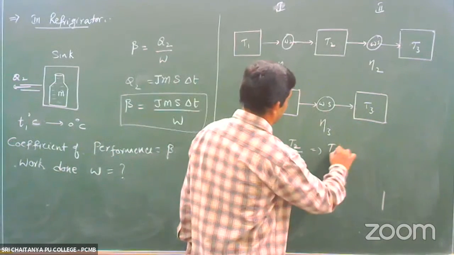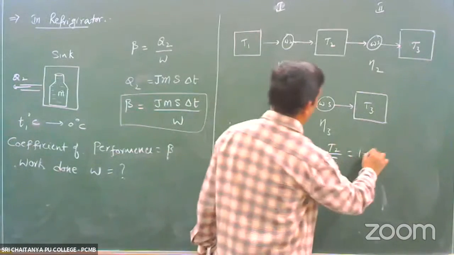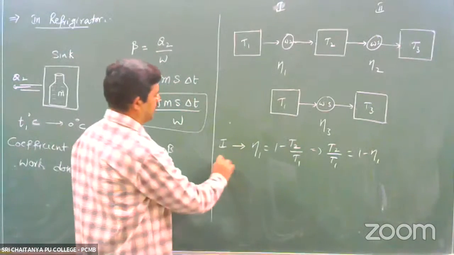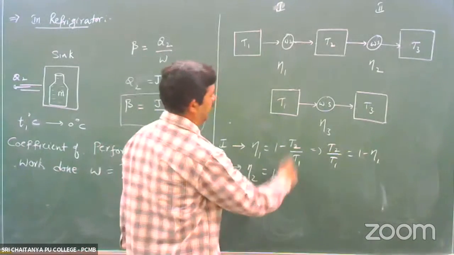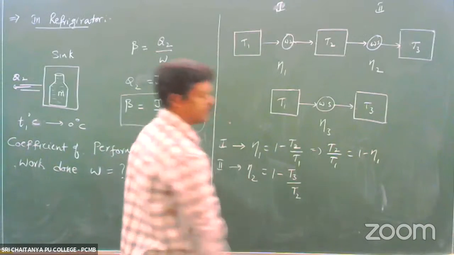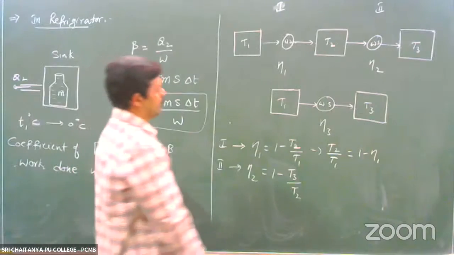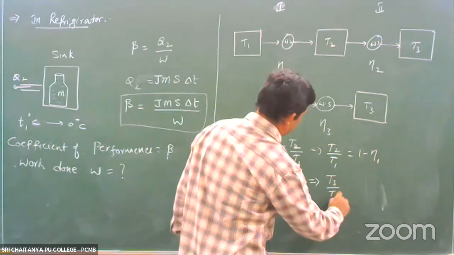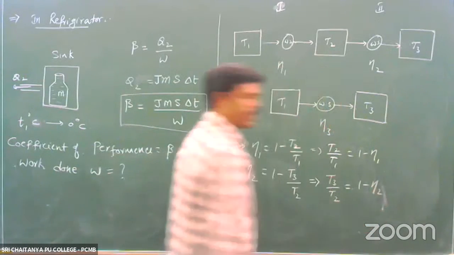From this, T2 by T1 is equal to 1 minus eta 1. For the second heat engine, eta 2 is 1 minus T3 by T2. Is it okay? T3 by T2 is equal to 1 minus eta 2.